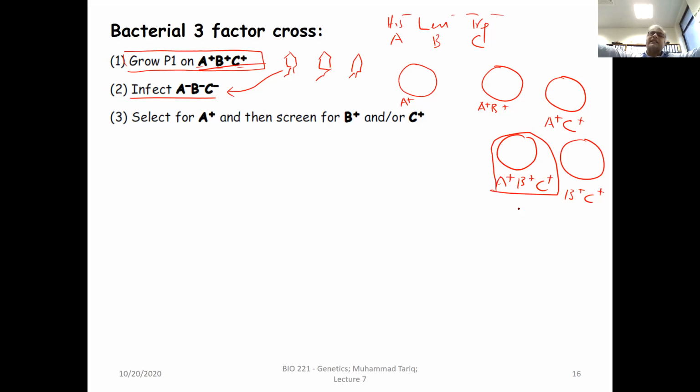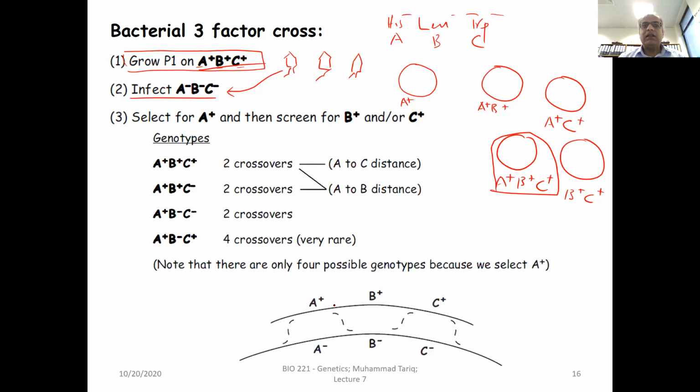But if distances are different between A and B, B and C, we will not see co-transduction always, because it depends on the physical distance between A, B, and C. If they are farther apart, more than one headful, we will find different phenotypes. Maybe we get A plus C plus. Maybe we never get A plus B plus.